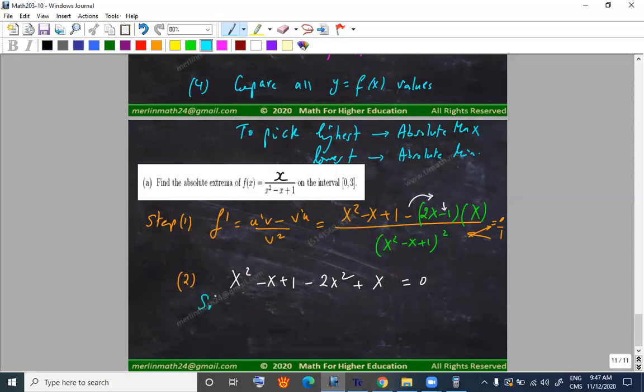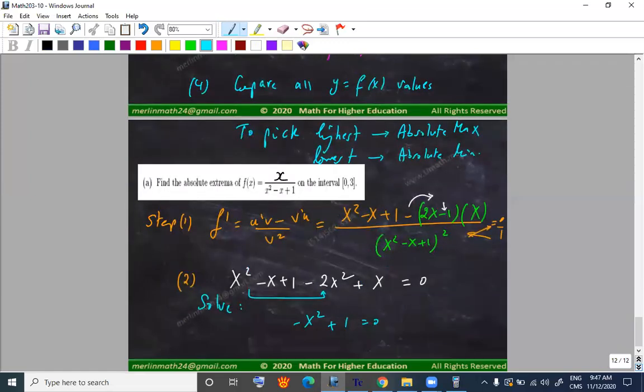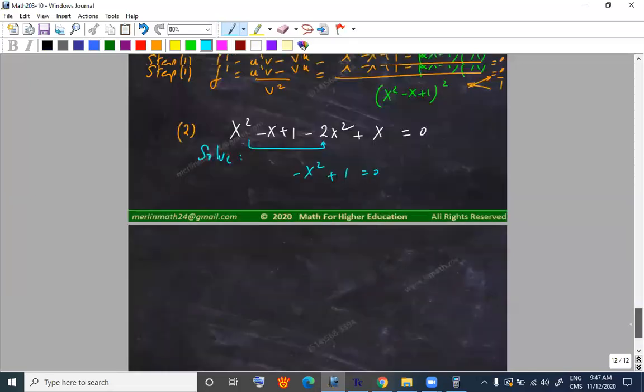Go ahead, solve this. Now I want to simplify it for sure. So this would add up to, and the x is cancelled. Now they gave you a nice relation, by the way. It's easy to solve. Solve it easily. What do you get? What are the x values you obtain?